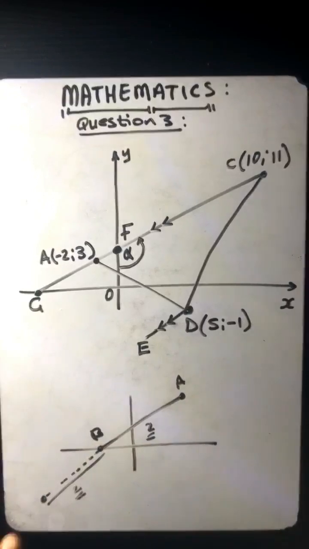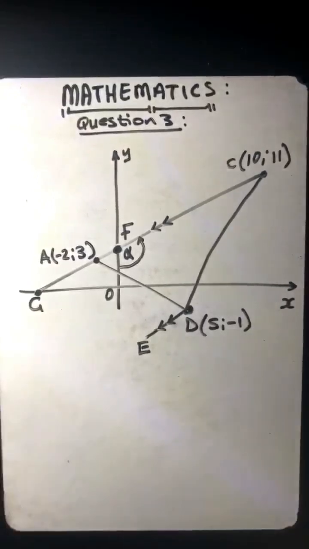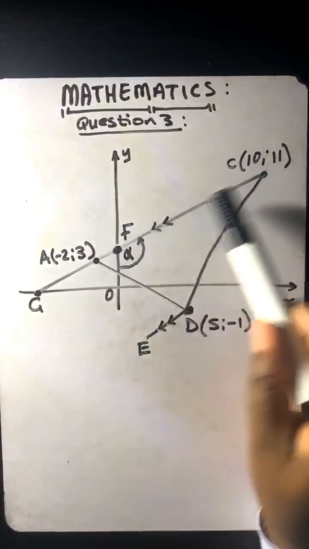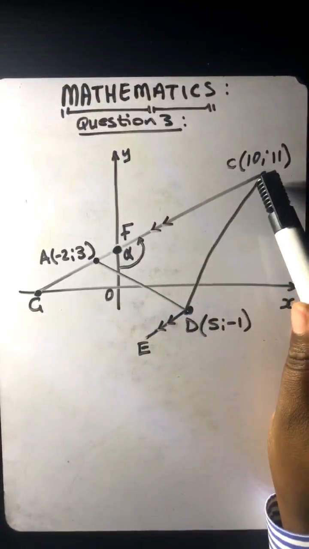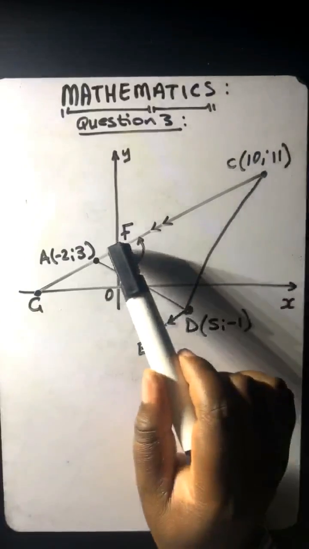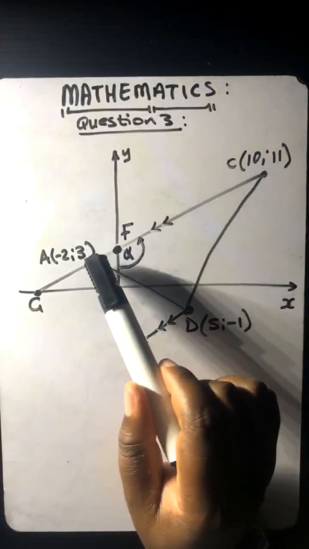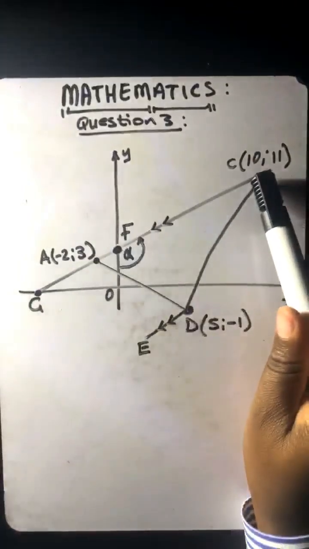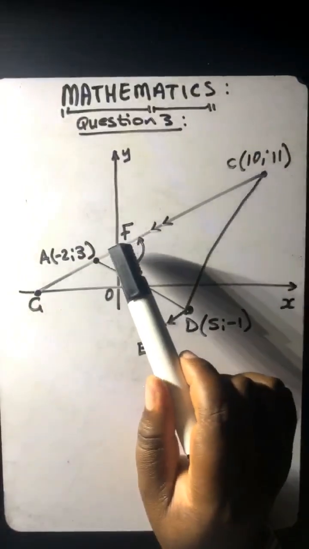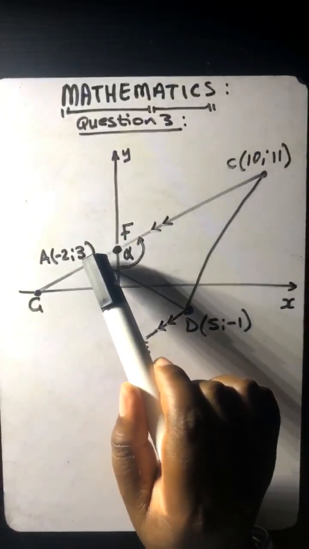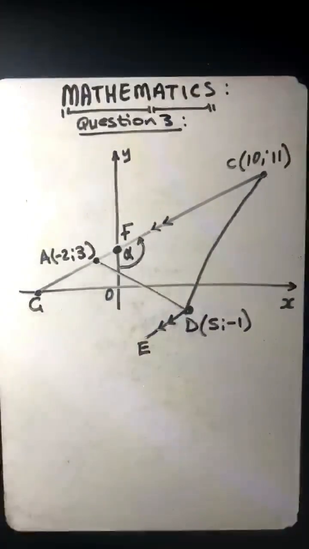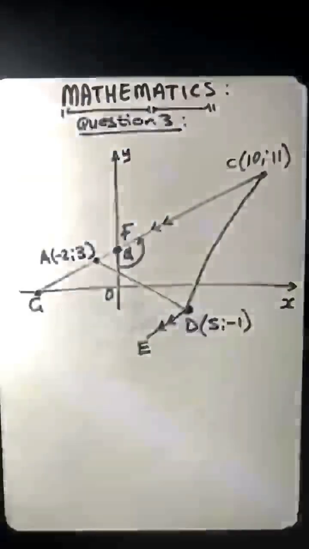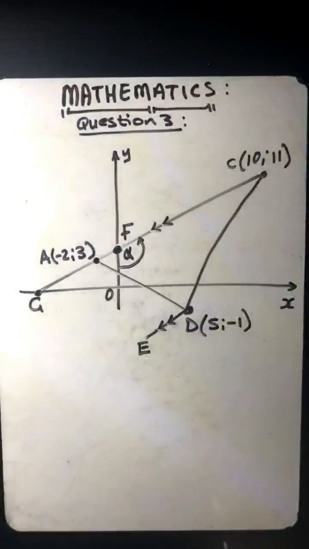So that's something you need to be aware of. Meaning, if you calculate the gradient of AC, you won't need to stress about the gradient of AG. Or if you have the gradient of FC, you don't need to worry about the gradient of FA or AG, because it has been produced or extended from that same line, continuing with the same gradient.